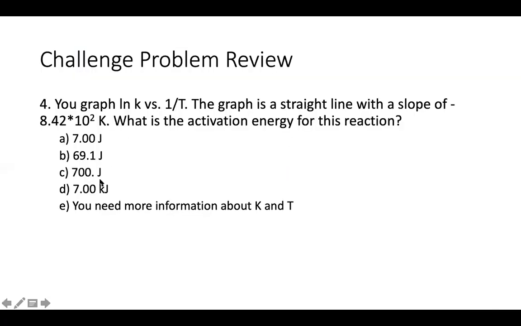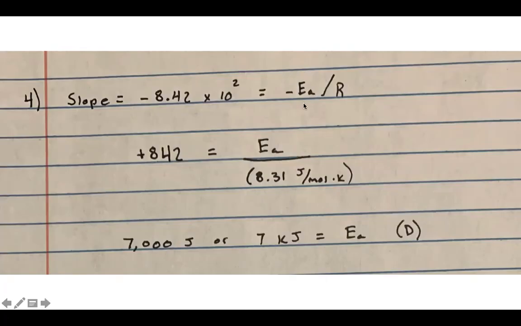This is one way that they love to present information: the natural log of k versus 1 over temperature. Typically they'll ask you about the slope, because the slope is related to our activation energy.